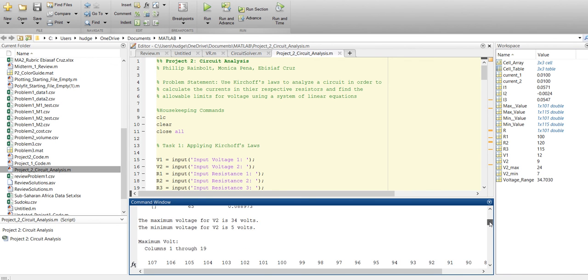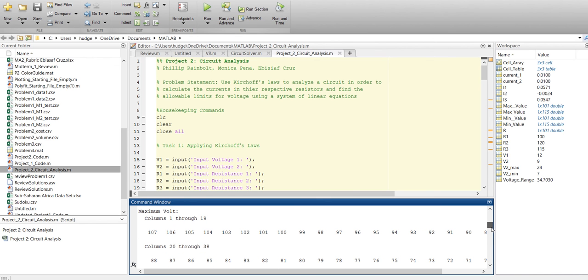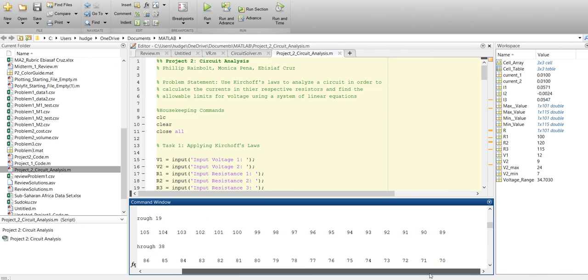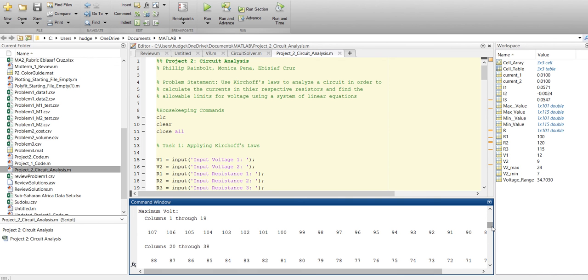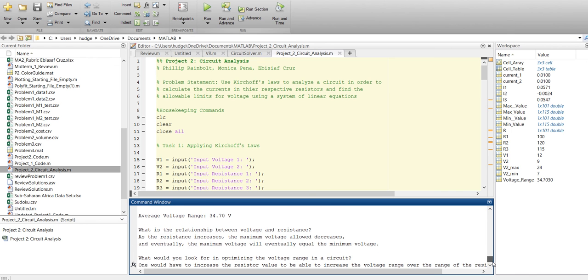And then from the second task, using our for loop, we find our max voltage and our min voltage. The max is 34 and the min is 5 volts. Here's an output of the columns of all the values we have while we run the for loop for the maximum and for the min here. And then from our third task, we have our average voltage range, which is 34.7.